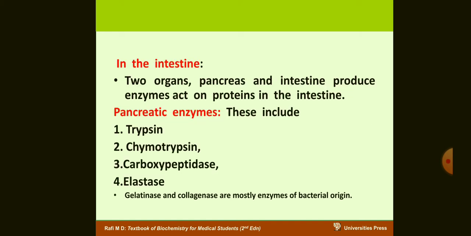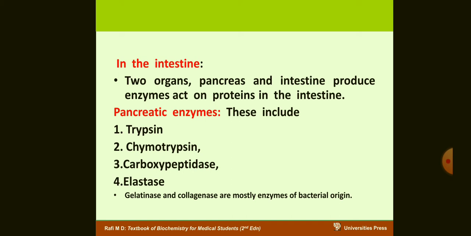The second organ responsible for further digestion of the protein which comes out of the stomach is the intestine. In the intestine, there are enzymes from two organs, pancreas and intestine, which act on protein. Pancreatic enzymes include trypsin, chymotrypsin, carboxypeptidase, and elastase.